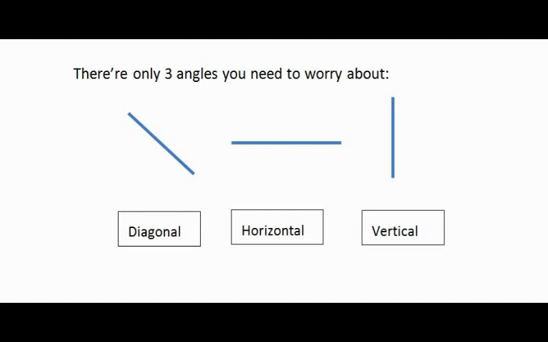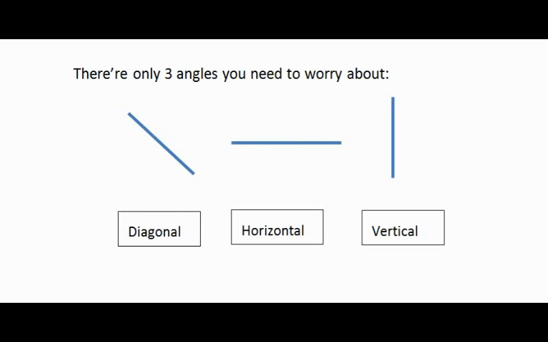So we have the diagonal angle, which is like a trend line, and we have the horizontal angle. Most support and resistance mentioned is horizontal support and resistance, while the diagonal support and resistance is a derivative of the horizontal support and resistance.